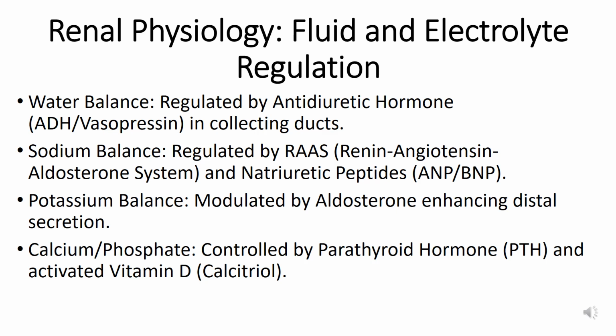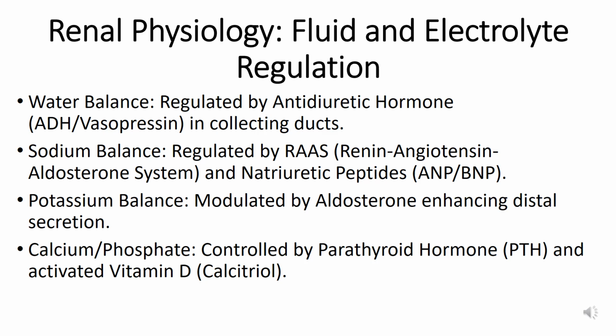The body also has mechanisms to prevent excessive sodium retention. Atrial natriuretic peptide, or ANP, and brain natriuretic peptide, or BNP, help achieve this. These hormones are released when the heart senses volume overload. They promote sodium and water excretion. This helps reduce blood volume and lower blood pressure.